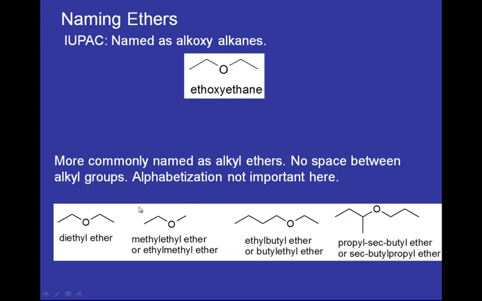And using the older method, what happens is we look at the groups that are attached to the central oxygen, and then we name the ether accordingly. So the fact that we have 2 C's connected to the O is what makes this an ether. So that's where the word ether is coming from here. The diethyl part is coming from the ethyl group here and the ethyl group here. So this would be diethyl ether.